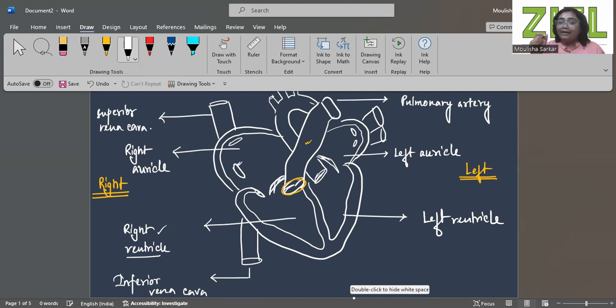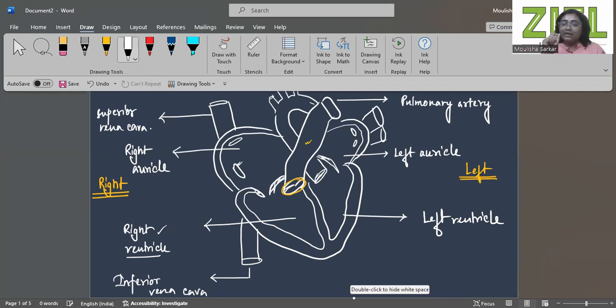That is the property of a valve or a pair of valves, that they open in one direction only. And what is the significance of that? If the valves are opening in one direction only, that means they are ensuring the flow of blood in one particular direction, and it will never allow the backflow of blood.